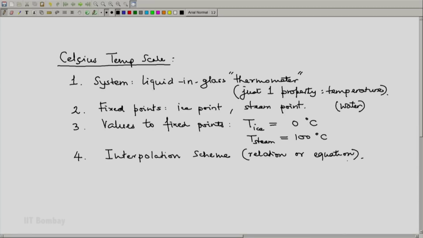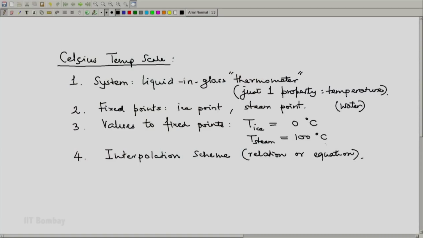And again, an interpolation scheme, we assume that, look, let the temperature be represented as a linear function of the mercury thread or the liquid thread length in the capillary. Anything you change among these and you will get a distinctly different temperature scale.